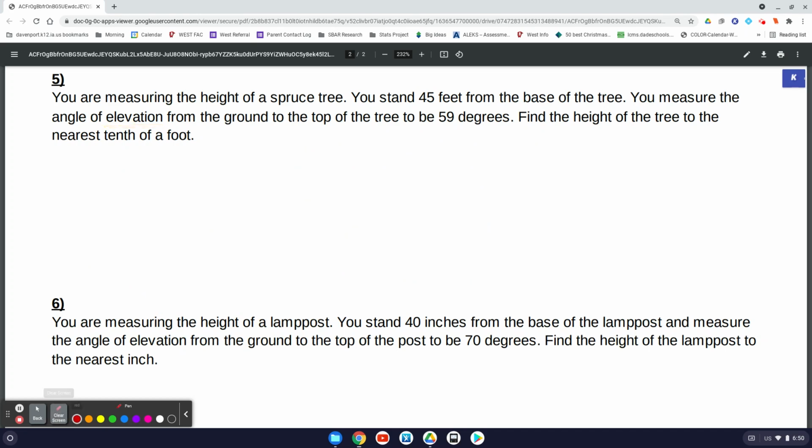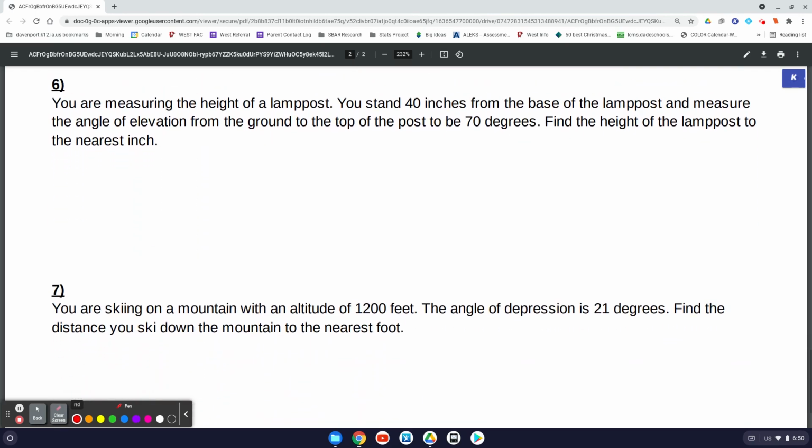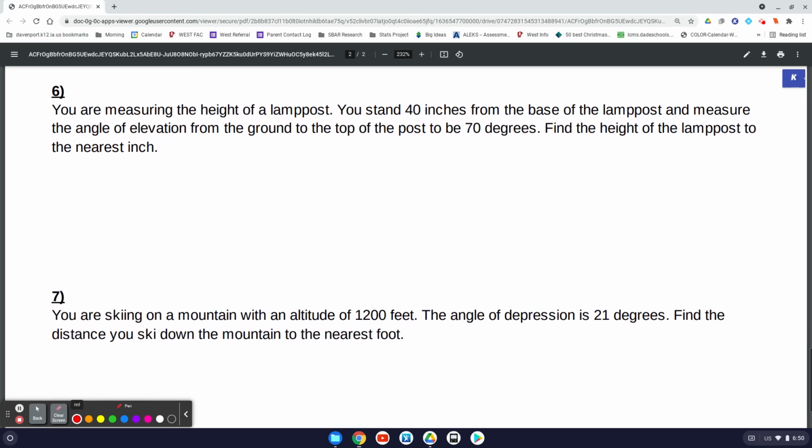Looking at the next problem, you're measuring the height of a lamppost. So here is our lamppost. It's a horribly drawn one, but it's a lamppost. I know it's also at a right angle to the ground. You stand 40 inches from the base.